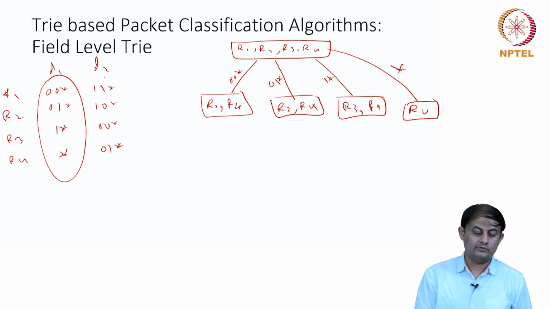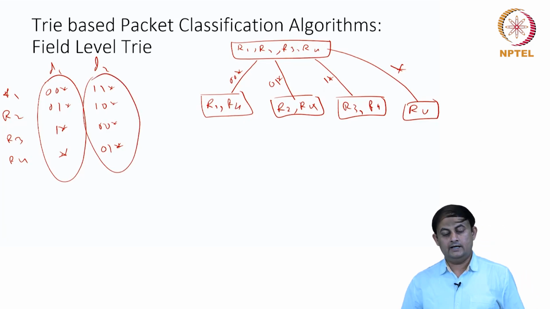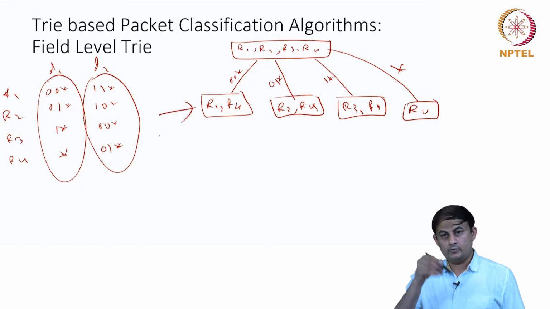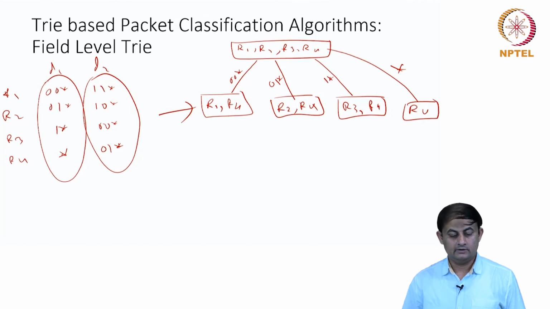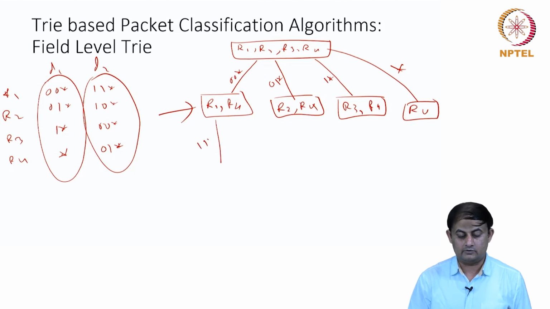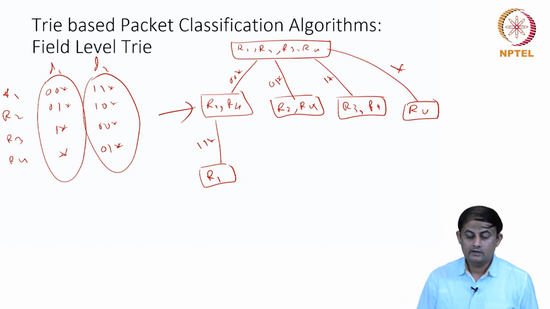Now I am going to examine the second dimension, and using that as an input to the nodes at the first level, I am going to create further division. If 1 star is one applicable prefix for the rule R1, then on 1 star rule R1 is applicable. Remember, R4 is not applicable now because that requirement is 0 star.